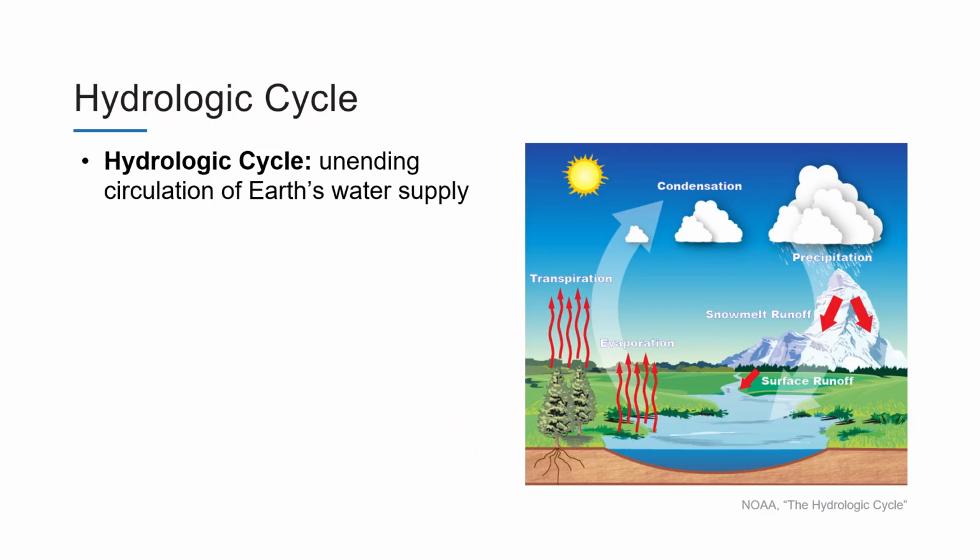And then at the top, we see water vapor condensing into clouds and then precipitating, which happens as rain, snow, hail, etc. And then on the right, liquid water runs into larger bodies of water, like rivers, lakes, oceans, and so on. So this is a quick overview, but now we're going to get into it in a little more detail.